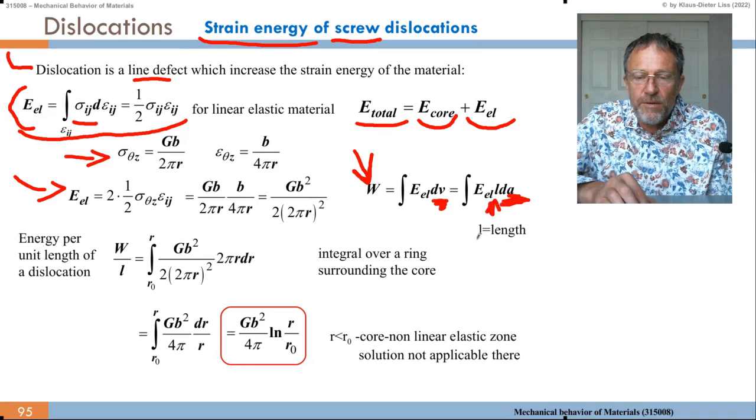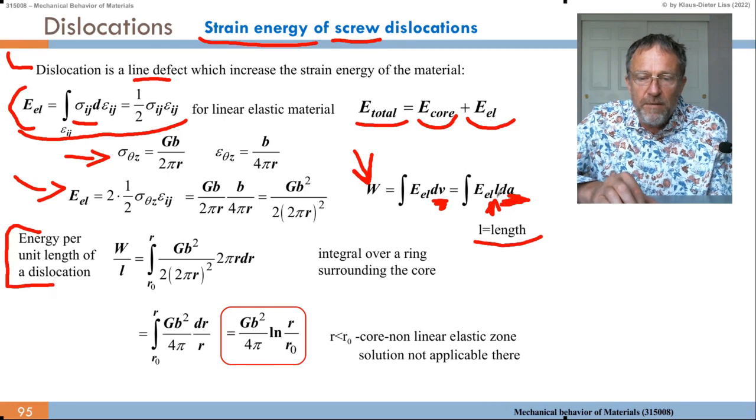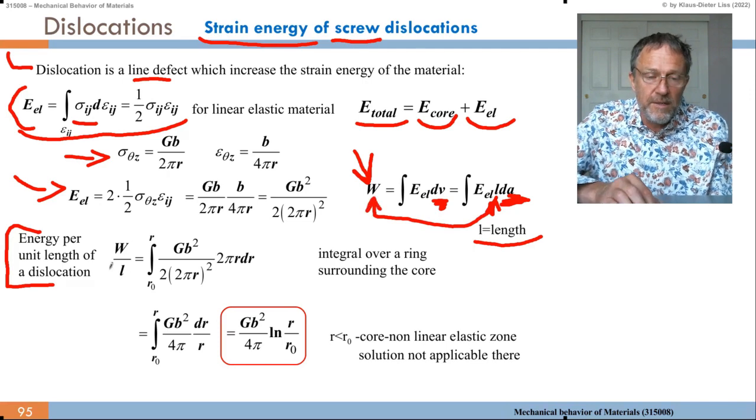So we introduce the length of the dislocation L to get an energy per unit length of a dislocation. So W over L: we work for a unit length, or per length. So we normalize by the length and then get the work per length, which gives this expression.